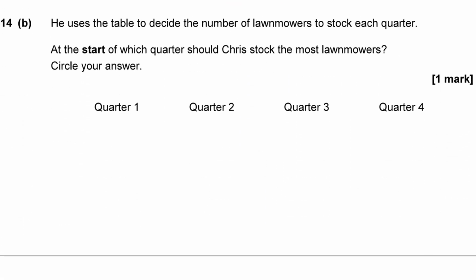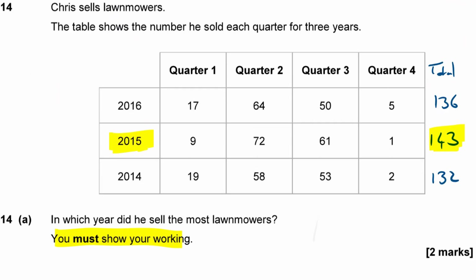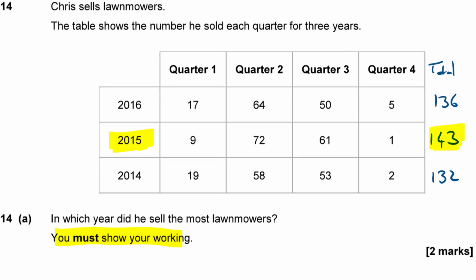Okay, so 14b, he uses the table to decide the number of lawnmowers to stock each quarter. At the start of which quarter should Chris stock the most lawnmowers? Circle your answer. Okay, so where are the numbers the highest? Well in the first year, quarter 1 had the highest number of lawnmowers, didn't it?